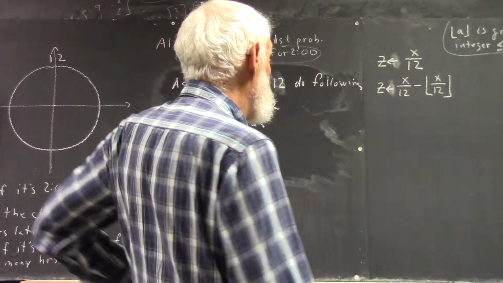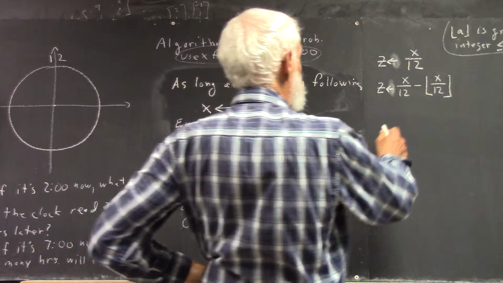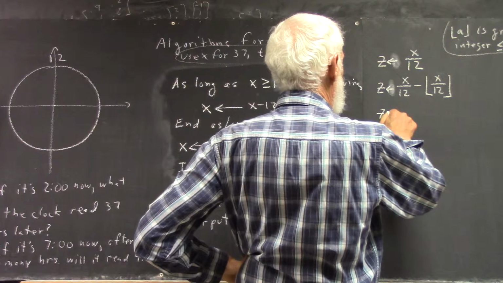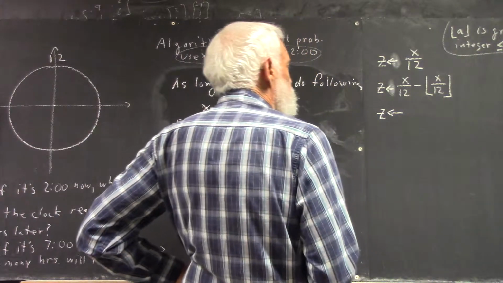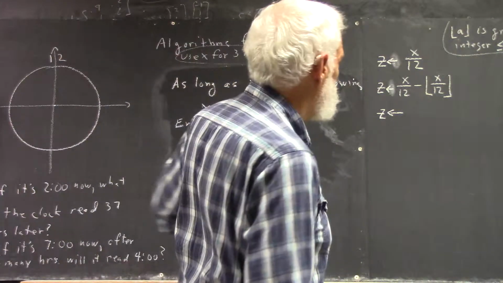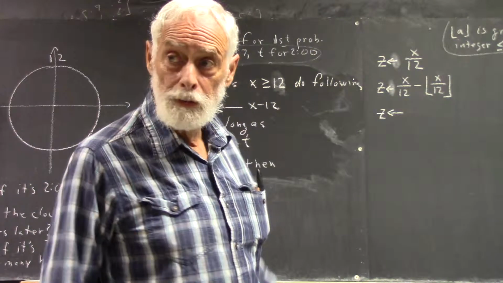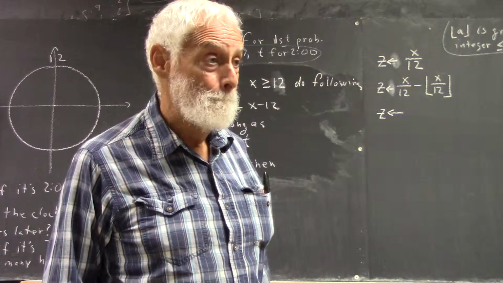Okay, so now what I'm going to do is I'm going to replace z again. What I've got is the remainder of my division x over 12, right?